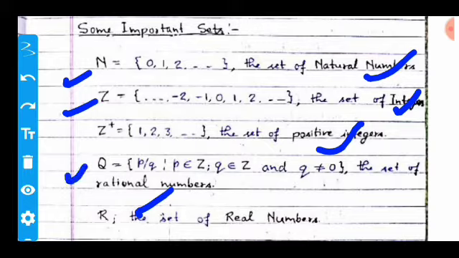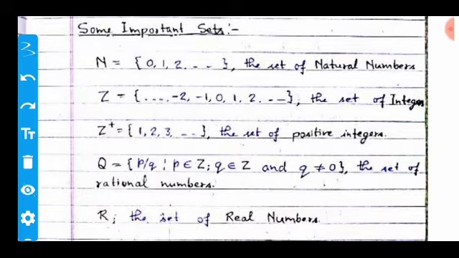Rational numbers are of the type p upon q, such that p belongs to Z, meaning positive and also negative integers, q also belongs to the integers, and q is not equal to 0. This is called a rational number. Now here R is the set of real numbers. Real numbers also include all types of integers like 0, 1, 2, 3, 4 and so on.